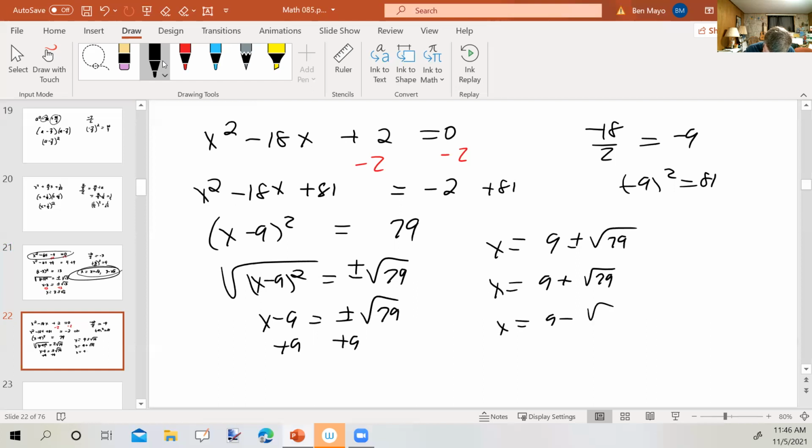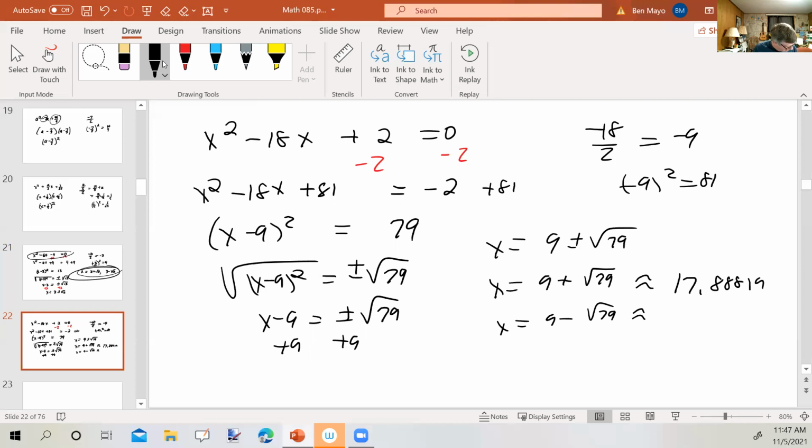Let's find decimal approximations to the nearest hundredth. Okay, so we've got 9 plus the square root of 79. And I get 17.88819, etc. And it said round to the nearest hundredth.